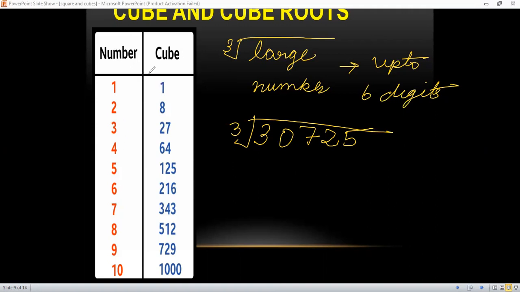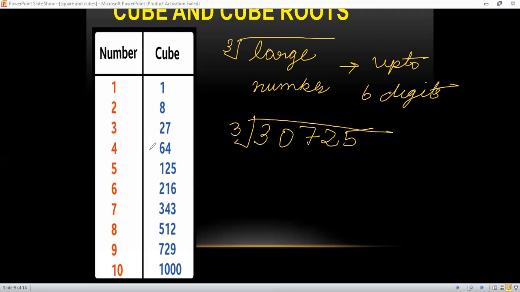If you know the cubes of 1 to 10, then you will easily find the cube roots of large numbers. For 1, the cube is 1, for 2 it is 8, for 3 it is 27, and so on. These are the cubes of the numbers from 1 to 10.